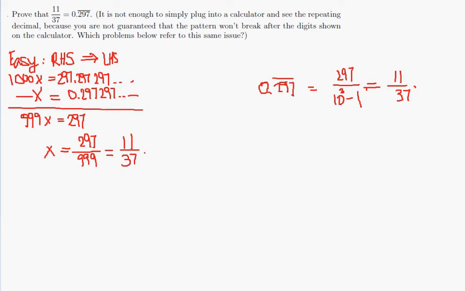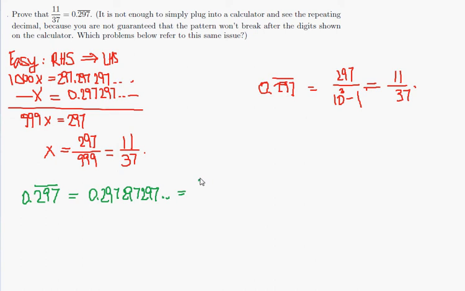A third thing that we can do would be that 0.297 bar is equal to 0.297, 297, 297, and we get this directly as opposed to indirectly. And the way that we get this directly is by using a geometric series.